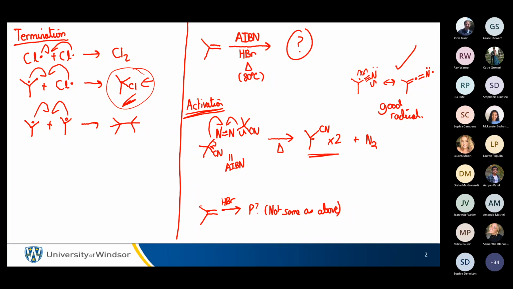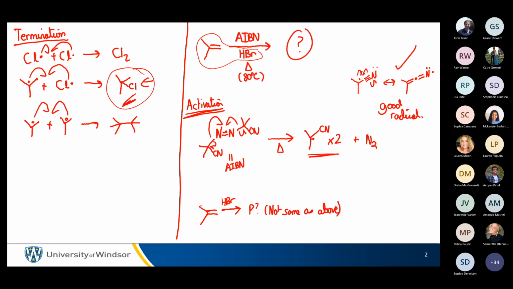Note what's here is the main component. If I ask this kind of question on an exam, what I'll normally write is the number of equivalents. I'll say, you know, 0.01 equivalents of AIBN, 1 equivalent of the isoprene, 1 equivalent of the HBr. But whenever you have a radical initiator, assume it's there in very small amounts. It's not involved in propagation.